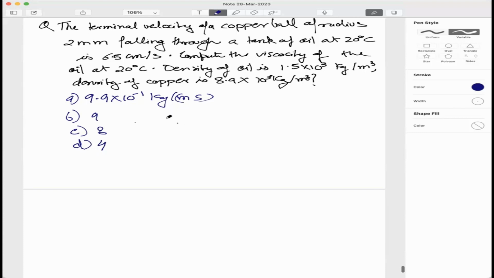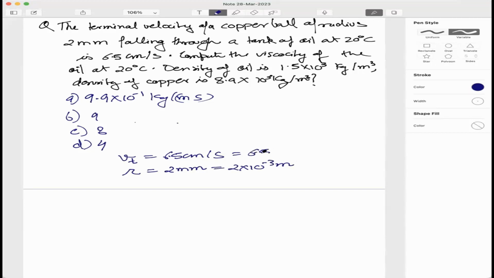So we have given a terminal velocity that is 6.5 centimeter per second. Radius of the copper ball is 2 mm, equals 2 into 10 to the minus 3 meter.